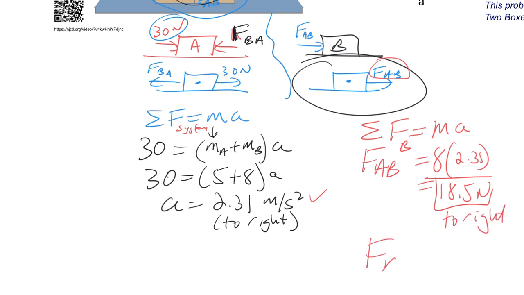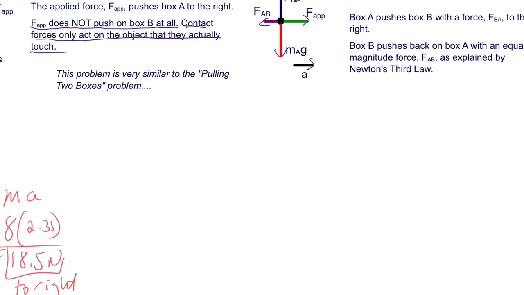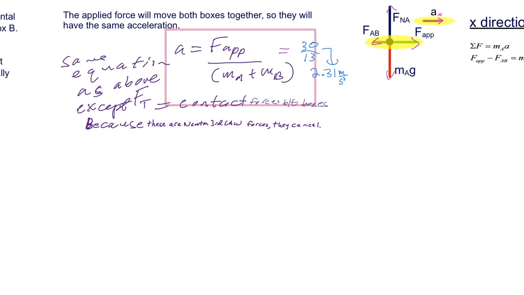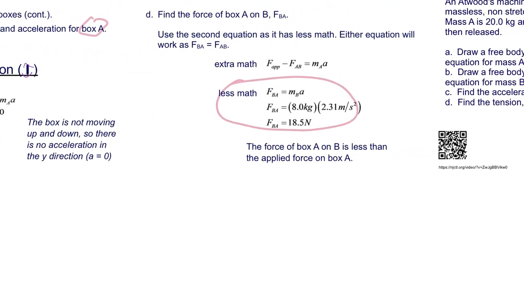So force BA is 18.5 newtons to the left. Now you don't have to prove it like I did before. You can go through all that stuff if you want.